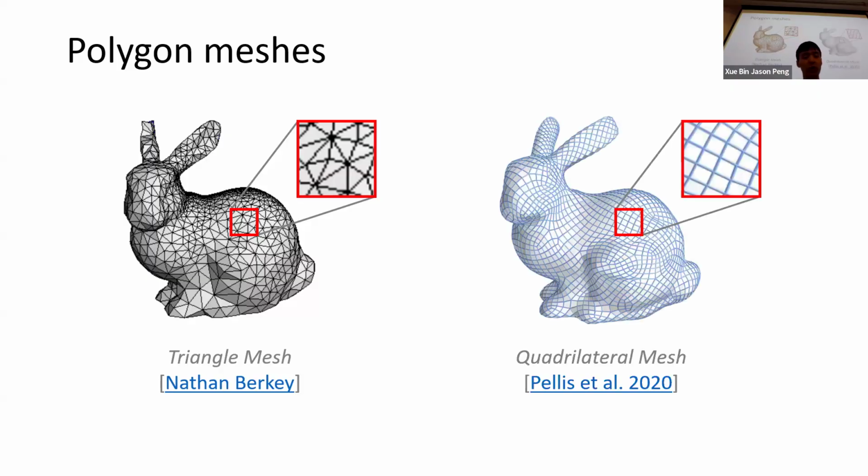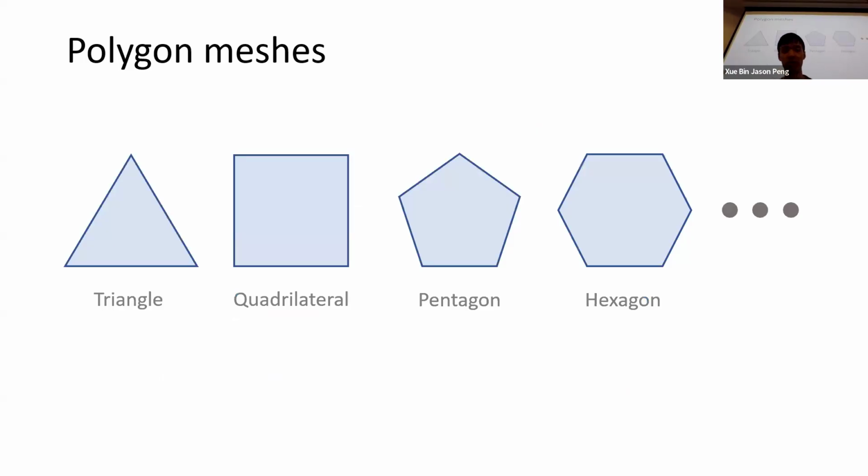For example, we can use quadrilaterals, and this will give us a quad mesh, where the surface patches are represented using little quadrilaterals. And we don't have to stop there either. We can really use any polygon we want: a pentagon, a hexagon, an octagon, and so on. So we have lots of different choices for polygons for representing the surface patches on our mesh, and we don't necessarily have to pick a single polygon to use. We can mix and match between different polygons.